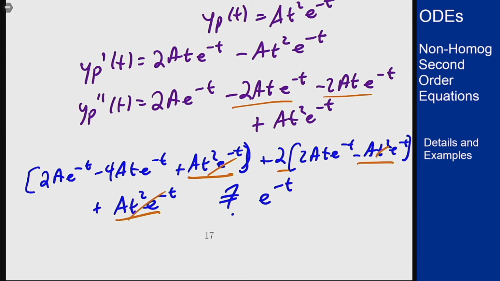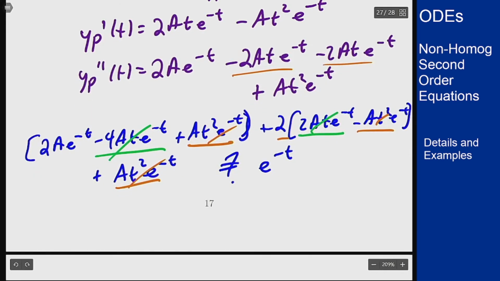For the t e to the minus t, I have 4at e to the minus t, as well as a minus 4 here. Those will cancel out. And the reason they all go away is, again, because e to the minus t and t e to the minus t solve the homogeneous problem. So all I'm left with here is 2a e to the minus t equals e to the minus t, which means a is 1/2.